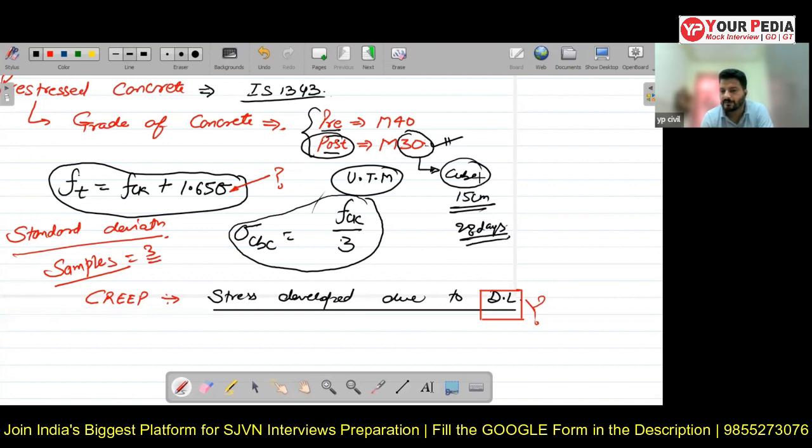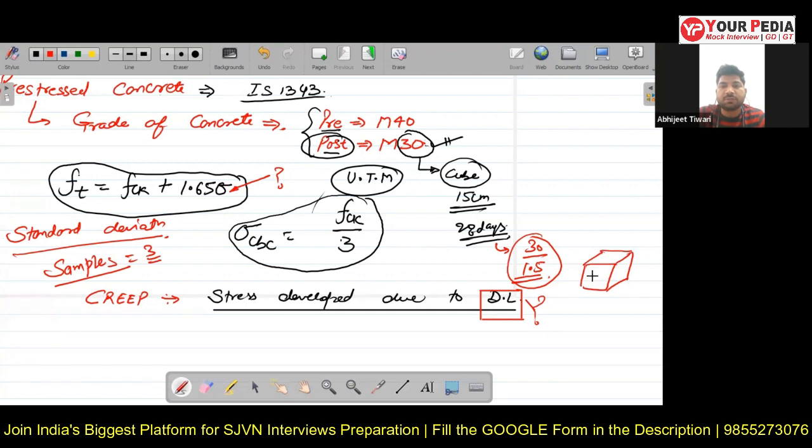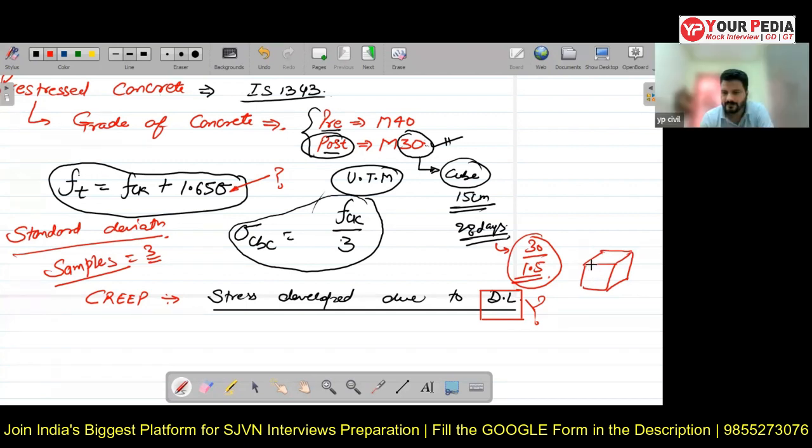Now, if they are asking what is the compressive strength of concrete, then simply say, sir, we are dividing this value by 1.5, the partial safety factor for the concrete, because the code is saying we don't actually have this 150 by 150 by 150 mm specimen in the field. Size reduction factor. Size will be there.